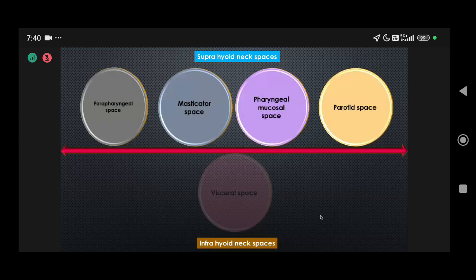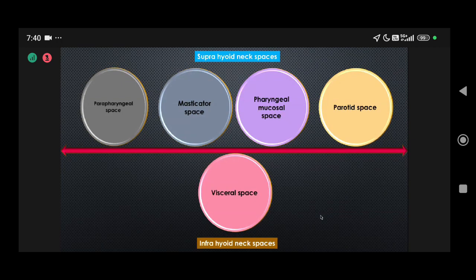Now, the extracranial neck, as I said, which excludes the oral cavity, paranasal sinuses and the orbit, is divided by the hyoid bone into the supra and infrahyoid neck spaces, and in the middle we have the pharyngeal mucosal space in the suprahyoid part and the visceral space in the infrahyoid part.